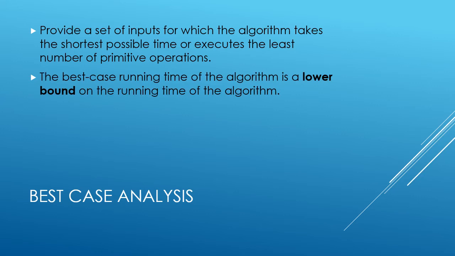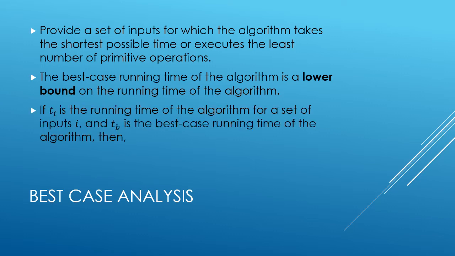The best case running time of the algorithm is a lower bound on the running time of the algorithm. If Ti is the running time of the algorithm for a set of inputs I and Tb is the best case running time of the algorithm, then Tb is always less than or equal to Ti.